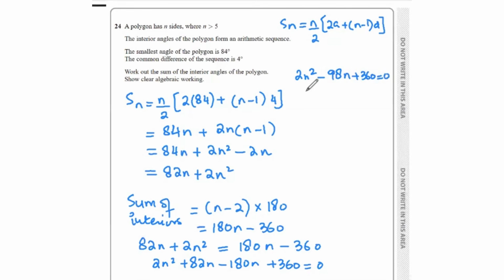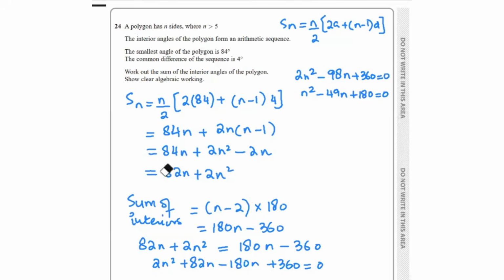All of these terms can be divided by 2, so n squared minus 49n plus 180 equals 0. This is our quadratic equation. So now we can factorize this quadratic equation to find the value of n.